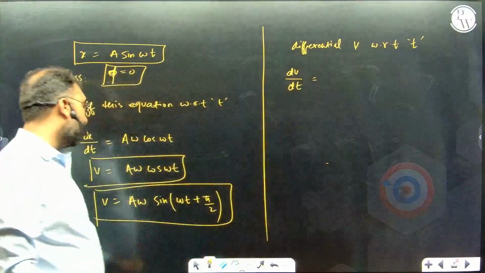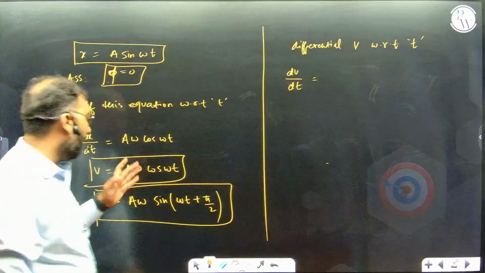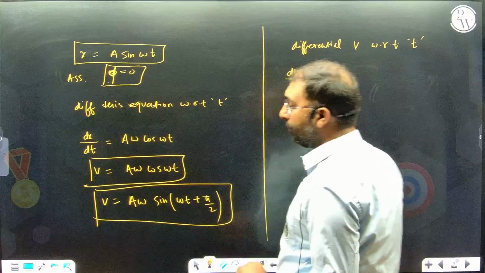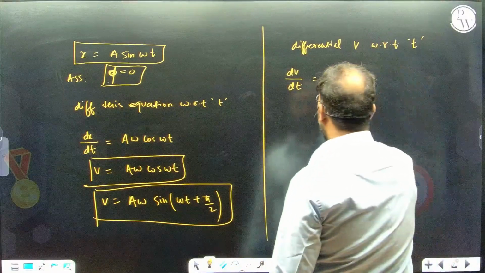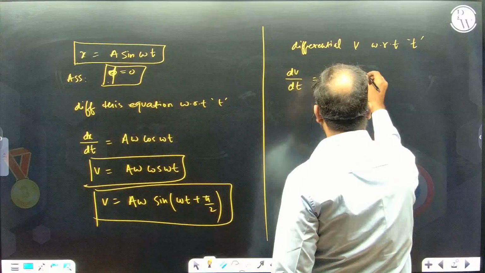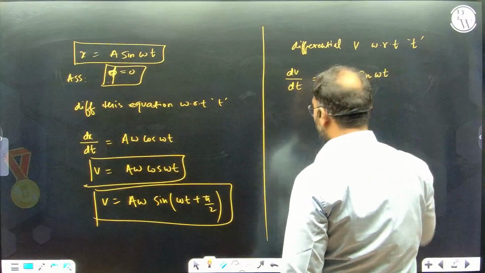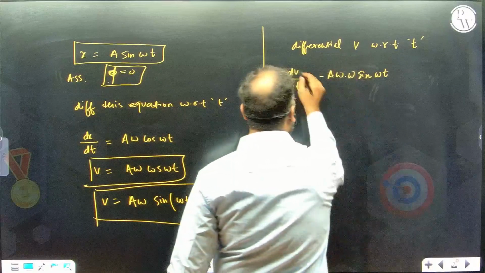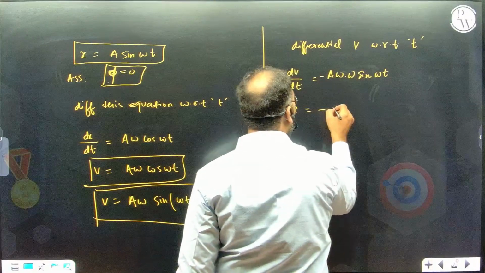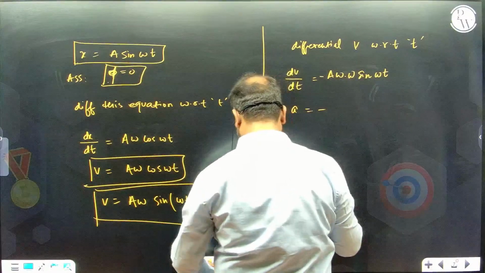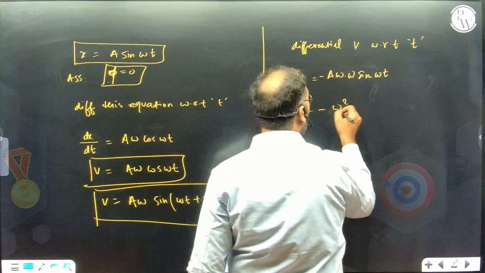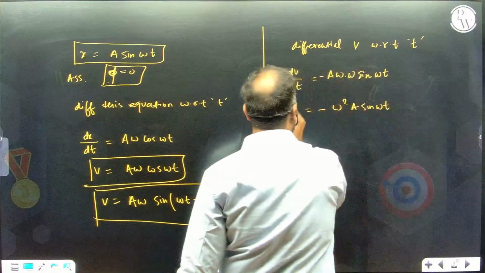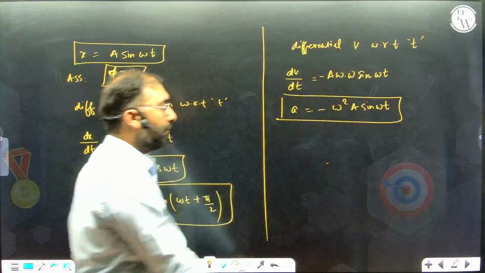On the right hand side, I know a omega is constant, and differentiation of cos theta is minus sin theta. So it is minus sin omega t, and the coefficient of t is omega, so I multiply here. So dv by dt is acceleration, and this is minus omega square a sin omega t.